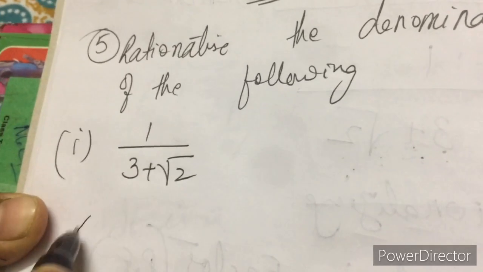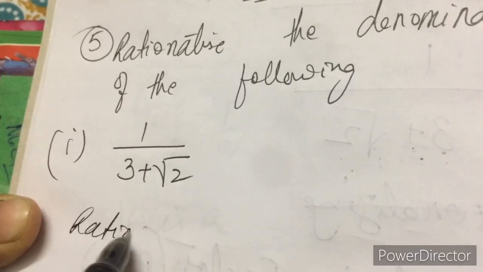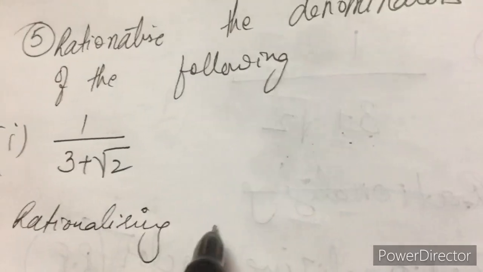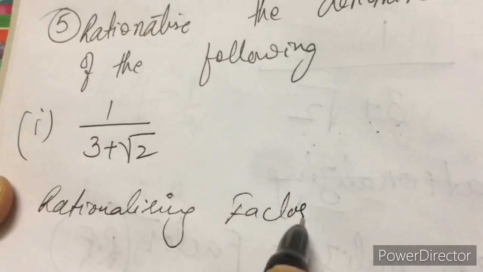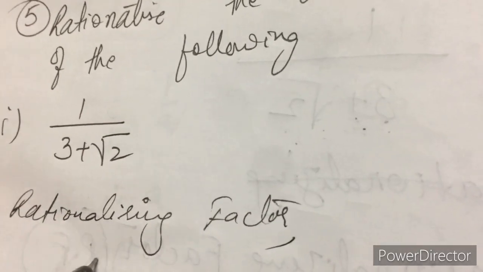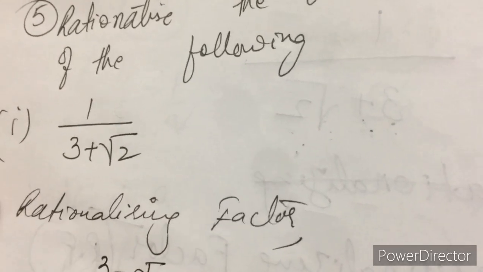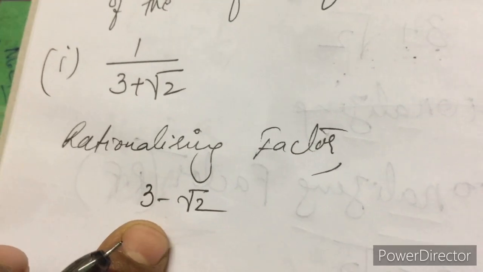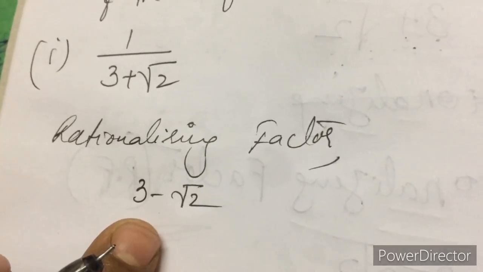The rationalizing factor of 3 plus root 2 will be 3 minus root 2. Clear? This will be helpful for your MCQs when you have a maths test.